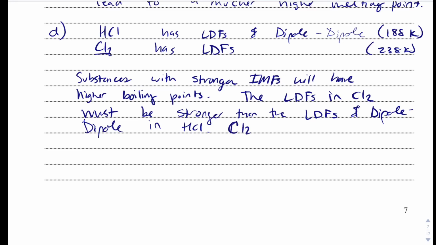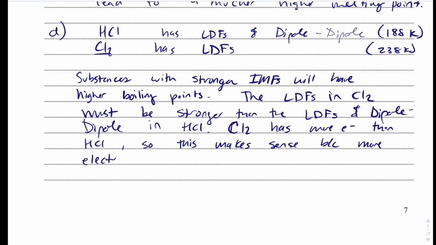Cl2 has more electrons than HCl, so this makes sense because more electrons in a substance leads to stronger LDFs.